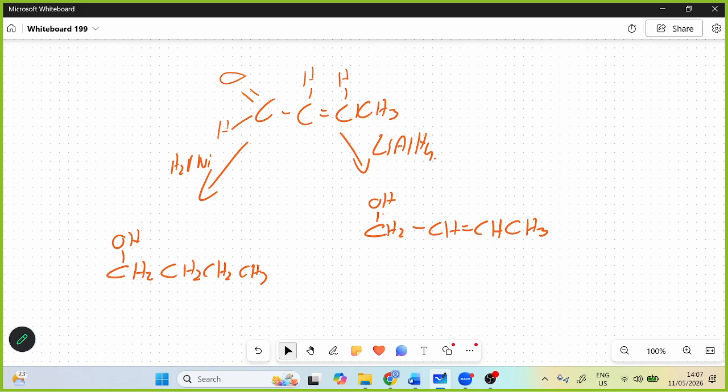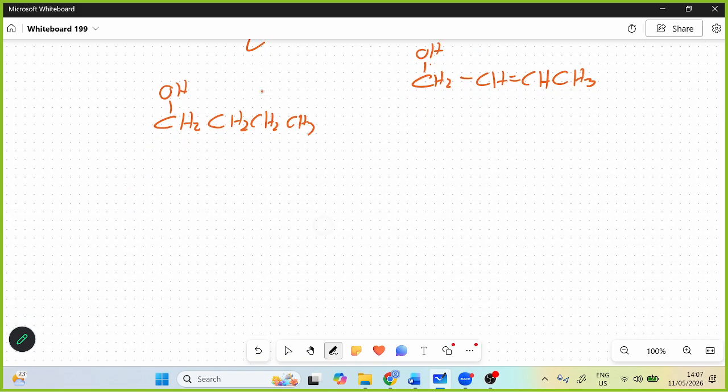Oxopentanoic acid. So I think I wrote oxopentanoic acid twice. Again, this was one with the double bond, H2, and one with LiAlH4.